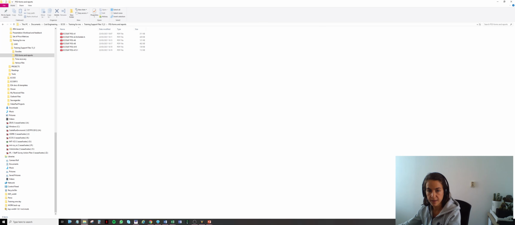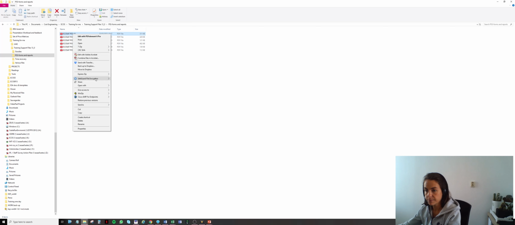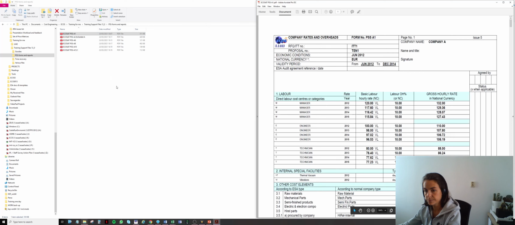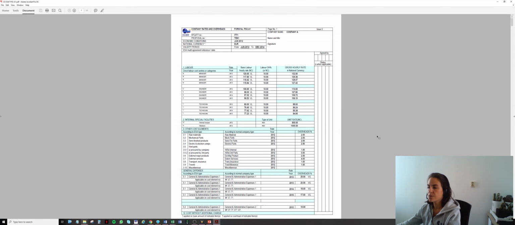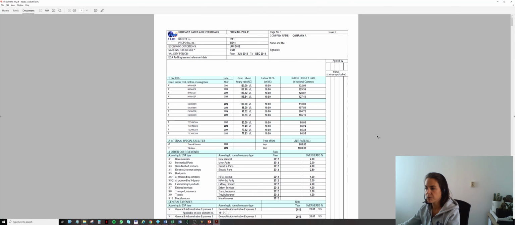Okay, so let's have a look at the PSS A1. So you see, basically here what you can find is all the information that you've been entering into your rate file.